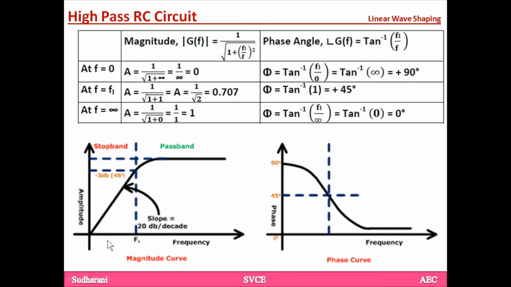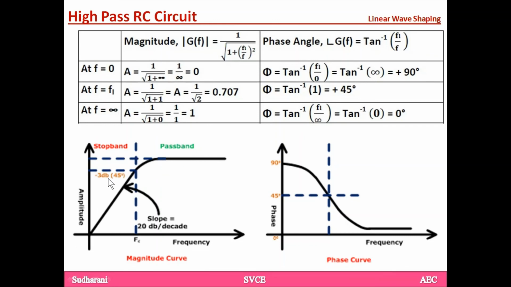The first is frequency versus amplitude, which gives the magnitude curve, and frequency versus phase angle gives the phase curve. At f equal to 0, the magnitude is 0. At f equal to fL, it is 0.707. At f equal to infinite, it is 1. Adding these three values, we get the waveform like this.